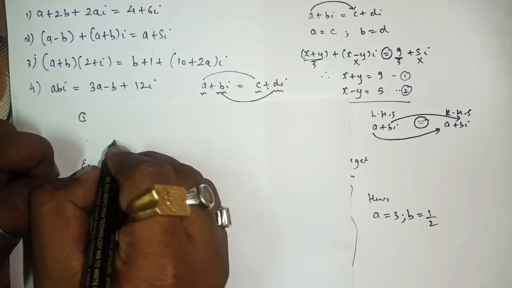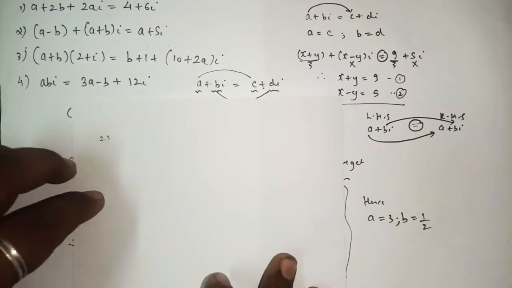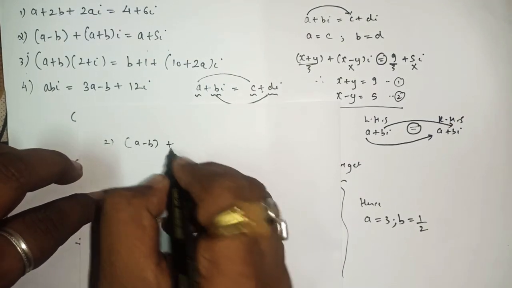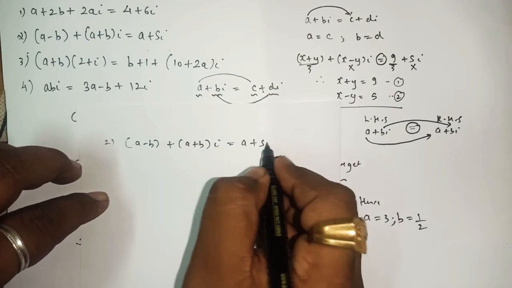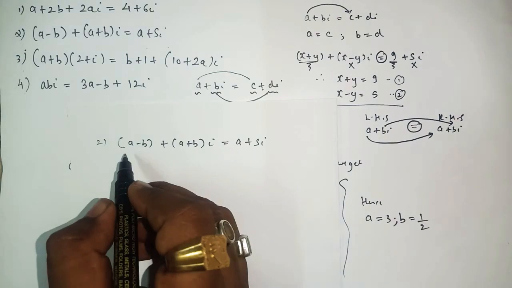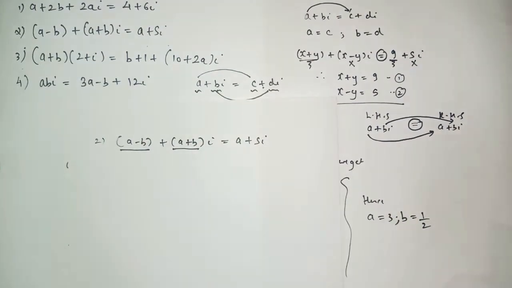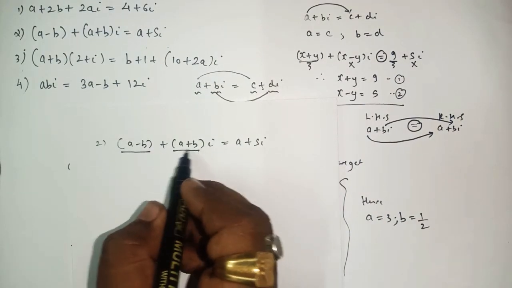In the next sum it says that (a minus b) plus (a plus b)i equals a plus 5i. Here clearly we can see that this part is inside the bracket, this section is also inside the bracket, and this term is without i, and this term is with i.